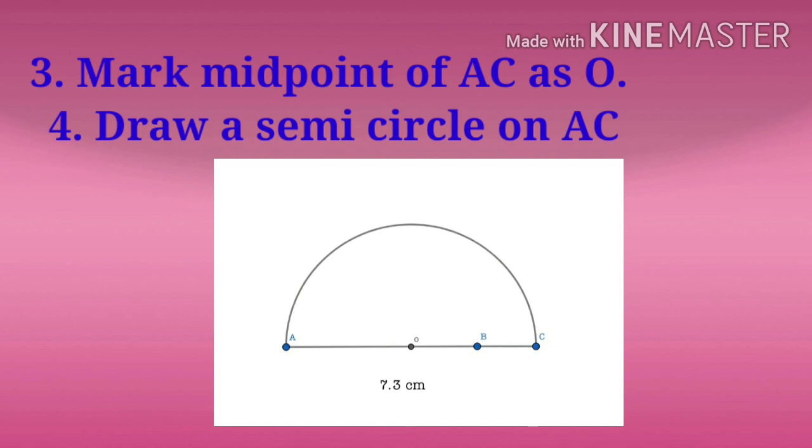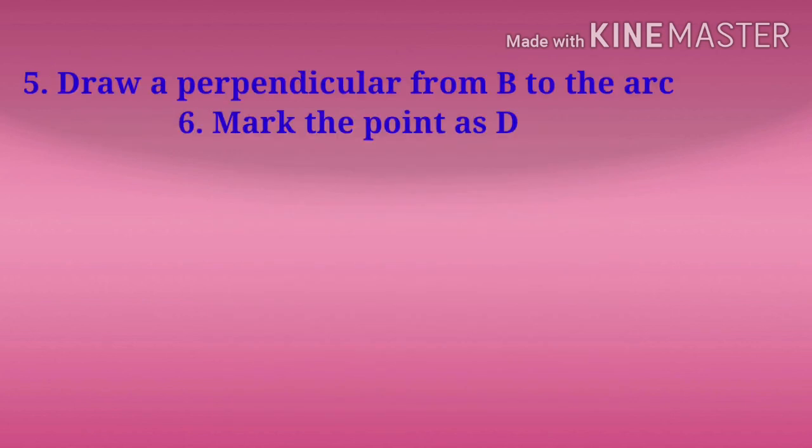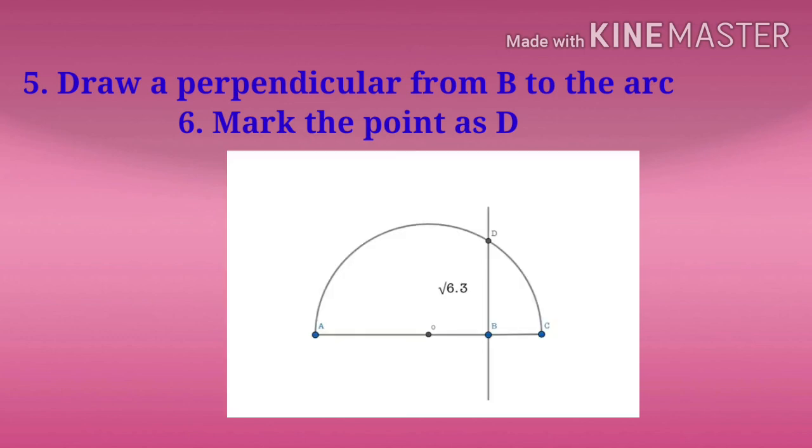And the next step. After this, you have to draw a perpendicular from B to this arc or semicircle. Perpendicular means what? The angle between the lines is 90 degrees. So draw a perpendicular line from B. And it touches our semicircle.